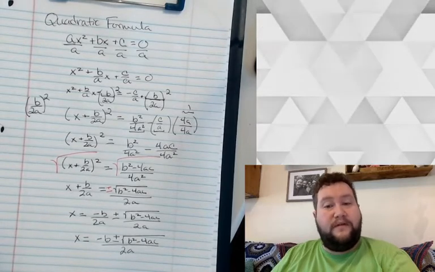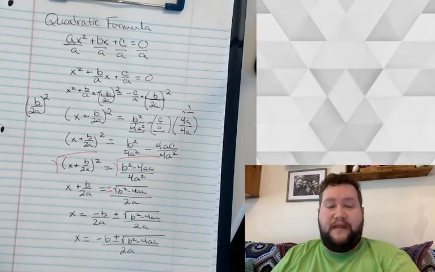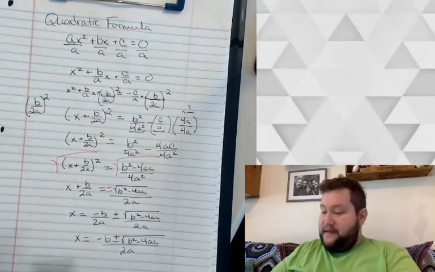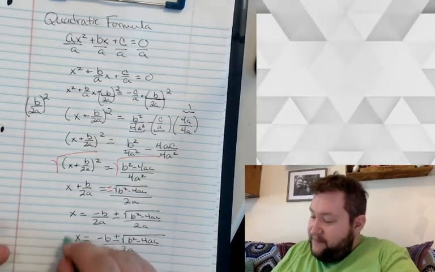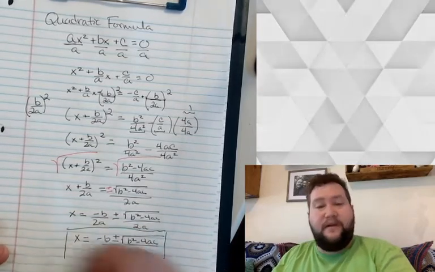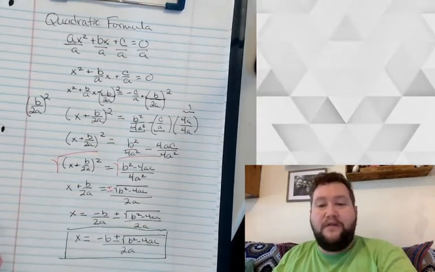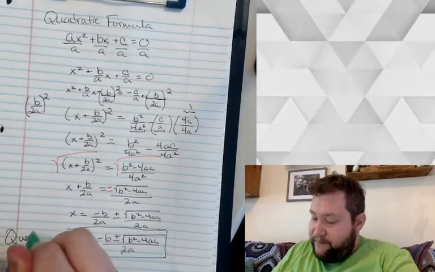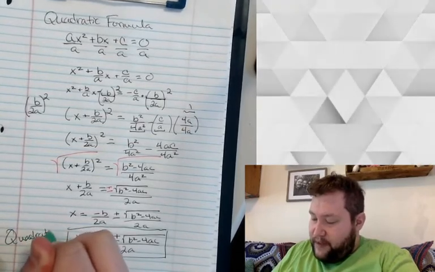And now some lights might be flashing in some of your heads, because this, x equals negative b plus or minus the square root of b squared minus 4ac all over 2a, is called the quadratic formula.